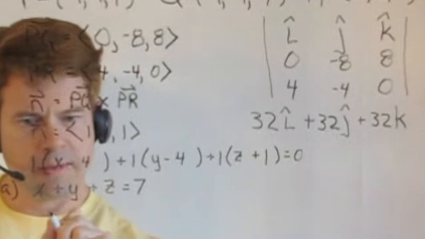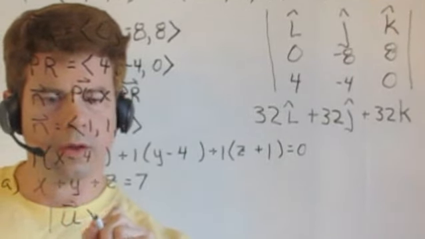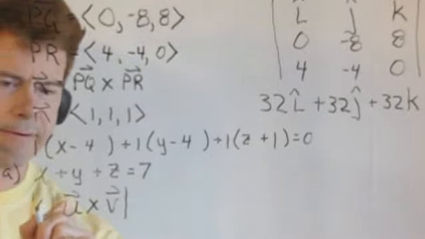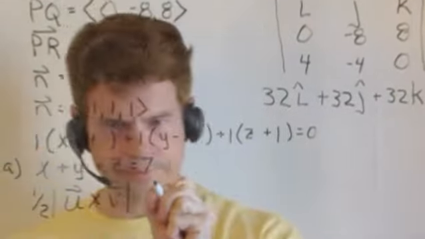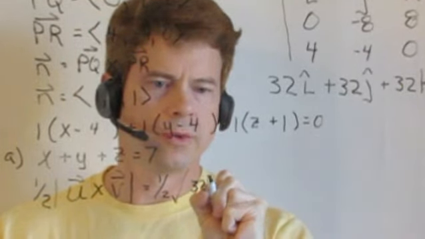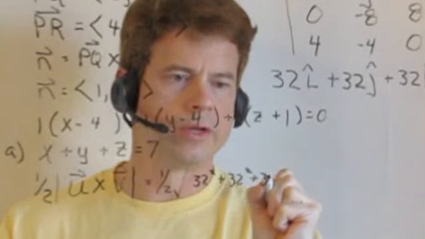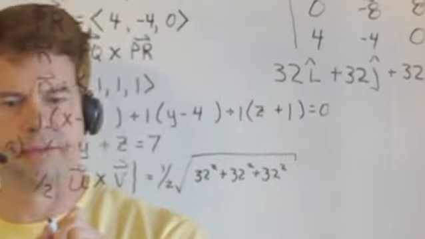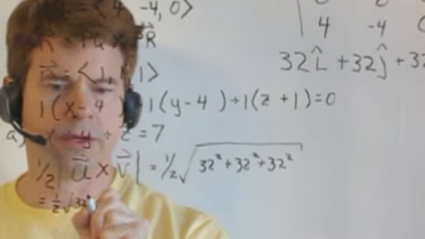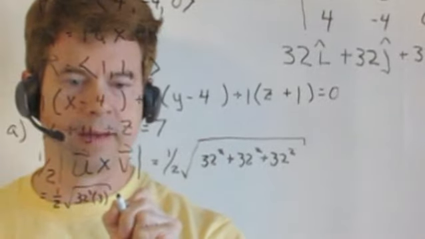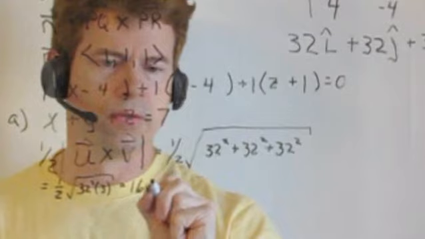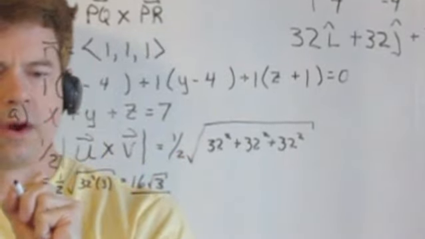So we'll start with that formula, the magnitude of U crossed with V for a parallelogram, but really to do a triangle we just need half of that, which then is going to come down to 1/2 times the square root of 32 squared plus 32 squared plus 32 squared, which then simplifies down to 1/2 times 32 squared times 3, which simplifies to 32 root 3. 32 halves is 16 root 3. So that then is the answer to our B question.